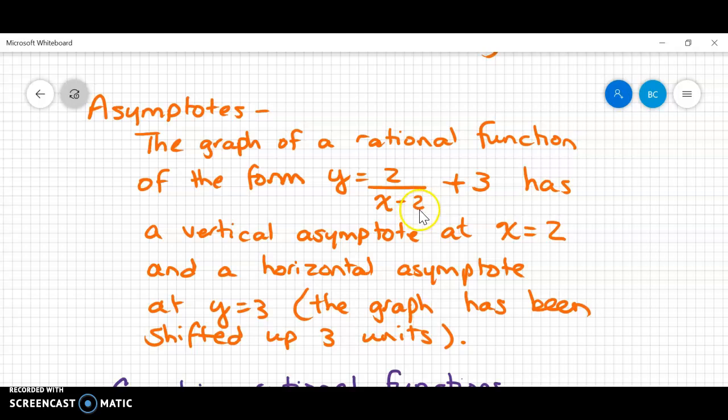So just like all the other functions where we've had an h and a k, here it's the same thing. This number right here is my h, tells me that I'm shifting 2 units to the right, and this tells me that I'm shifting up 3 units.